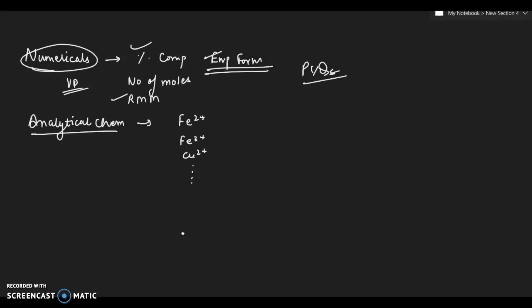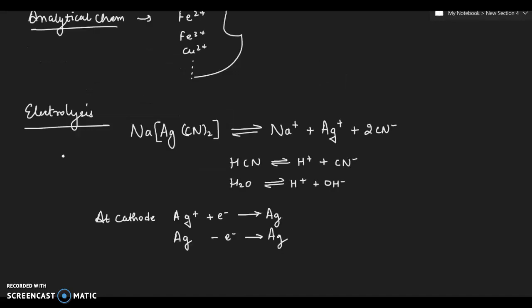Now analytical chemistry, you have to do this completely. There is no choice. Please learn all the reactions, mug them up, along with the colors of those reactants and products. In electrolysis, questions will be asked like, please give the reactions for cathode and anode when this compound breaks into ions.